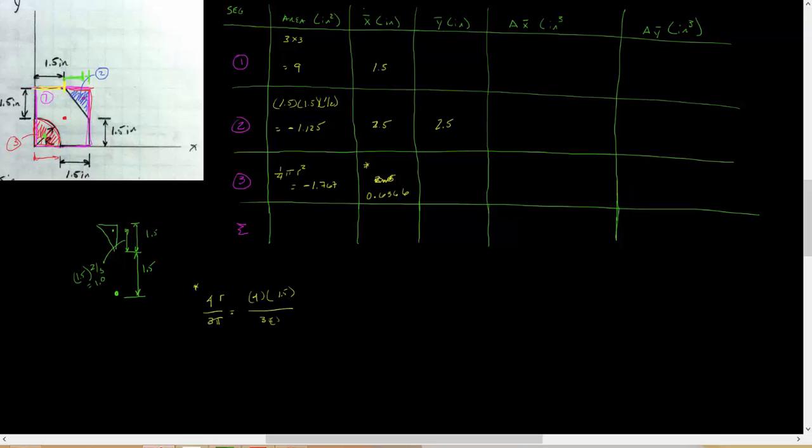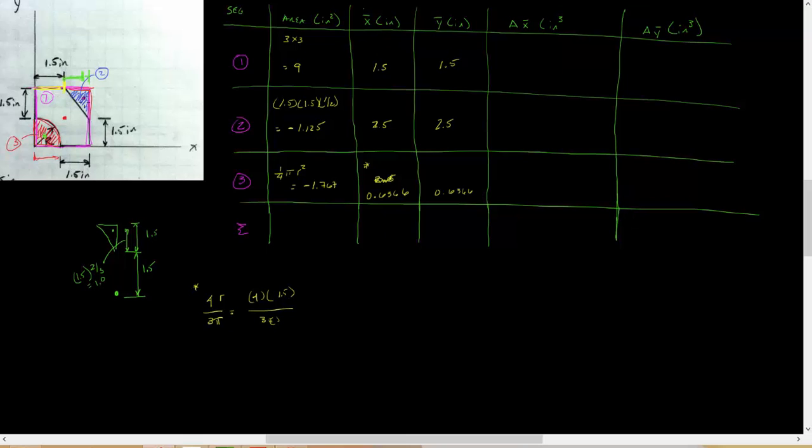So y bar is also going to be 1.5 right here. And we already figured out 2.5. That was what I was explaining here. And for segment number 3, it's also going to be 4r over 3 pi, so that is also going to be 0.6366.